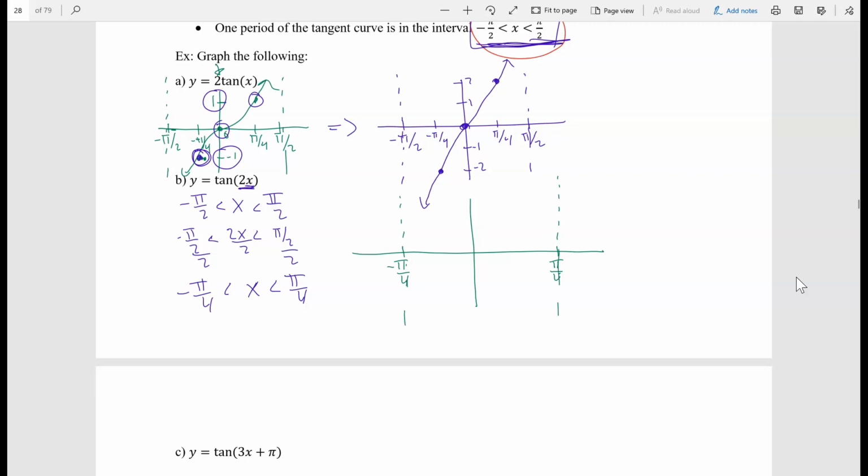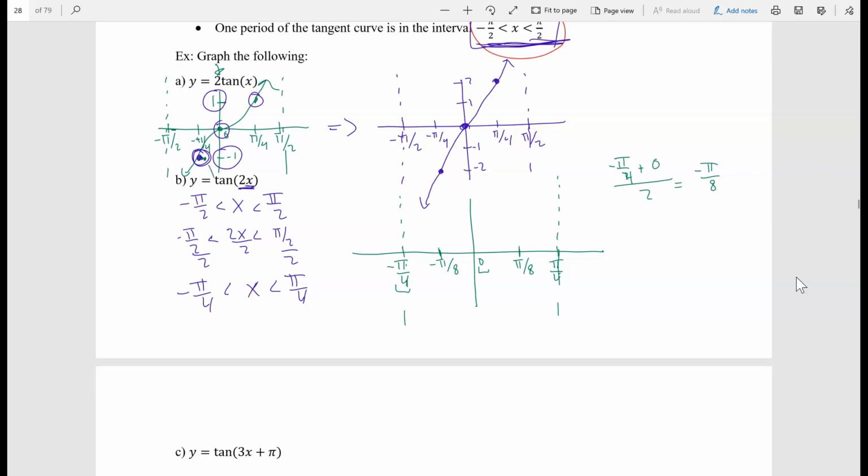Now, what are going to be my midpoints? Well, this one's clearly 0. Now, what is this new endpoint? If I take negative pi over 4 plus 0 divided by 2, doing the same thing, I'm going to have negative pi over 8. So this right here is negative pi over 8, which means the other side must be positive pi over 8.